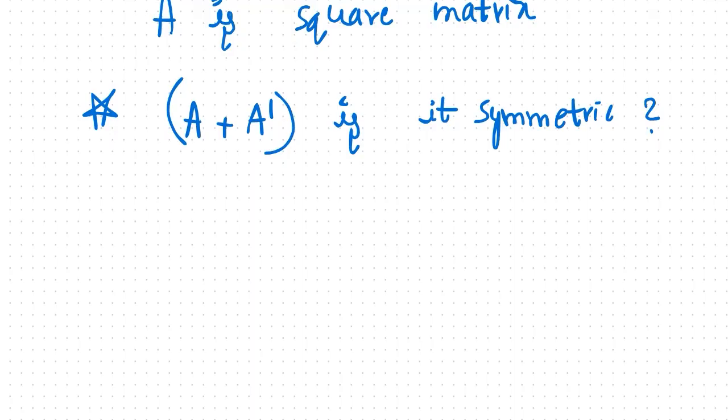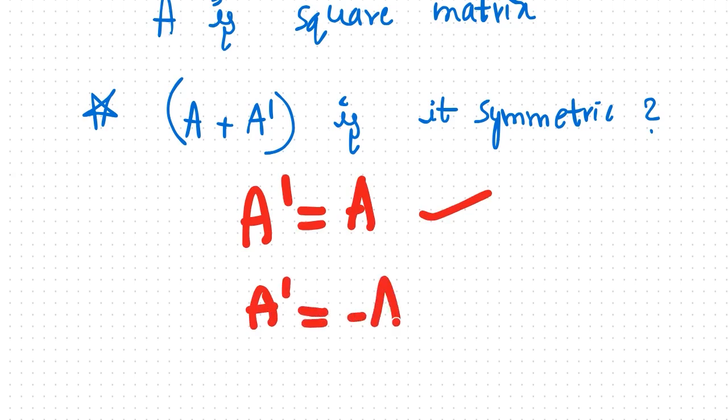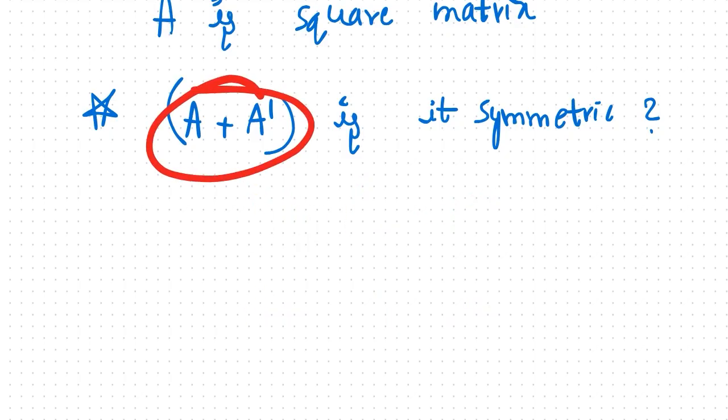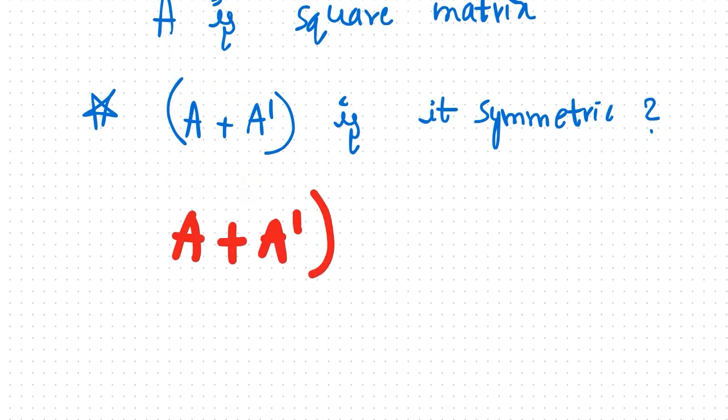If you take the transpose and get the same thing, that is, if A dash is equal to A, it is symmetric. But if A dash is negative A, it is skew symmetric. So we take the transpose of the entire thing, A plus A transpose.